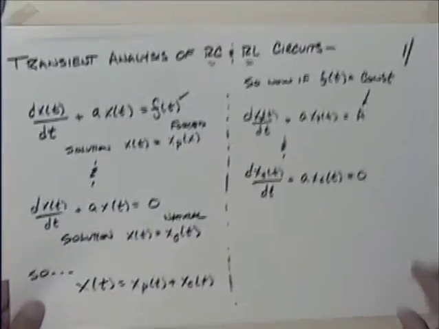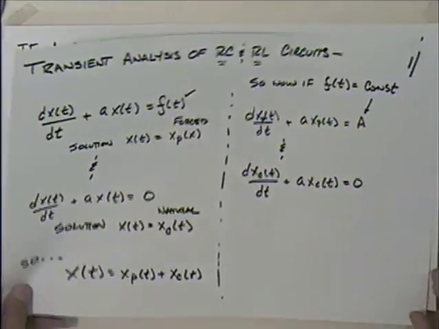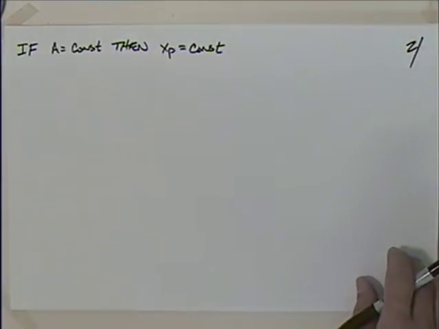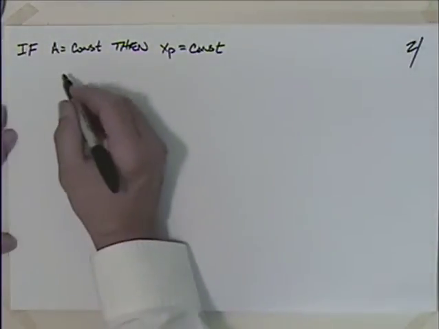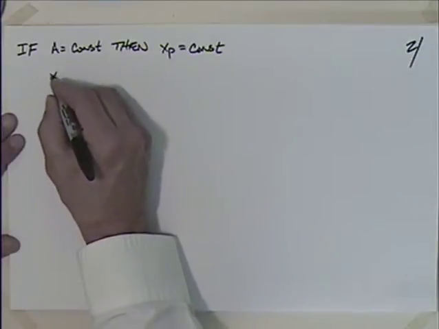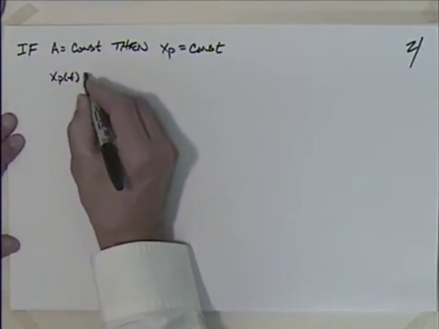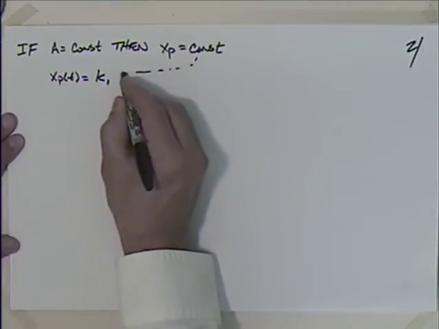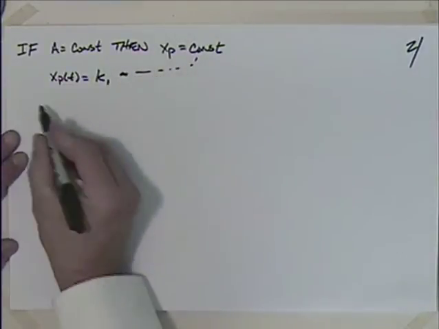Okay, so back over here, if that's a constant, then our particular solution is going to be a constant. And we can see that. Let me set x p of t equal to, we'll say, k1. That's our constant that we're going to use for that.